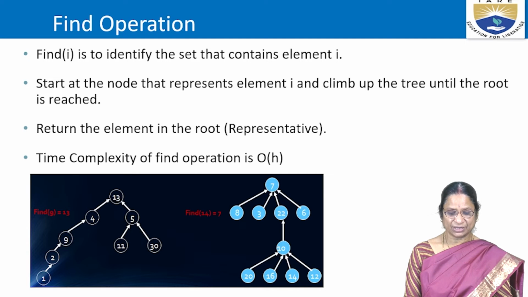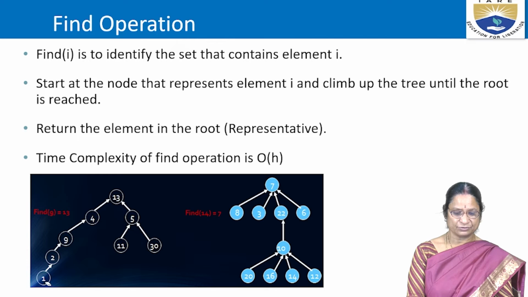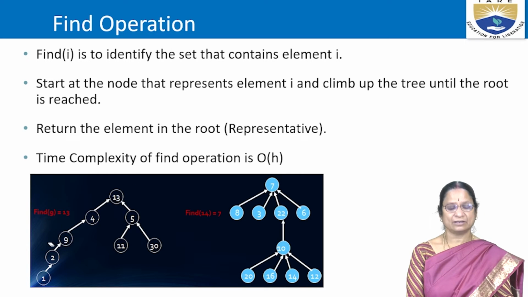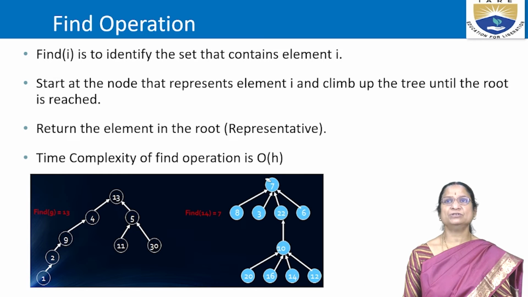For example, when we use find 13, we have to find 13, and for find 9, we have to check 9. From 9 we have to move in the upward direction so that we can find. Find 14 means wherever 14 is, from 14 onwards you have to find in which tree it exists.